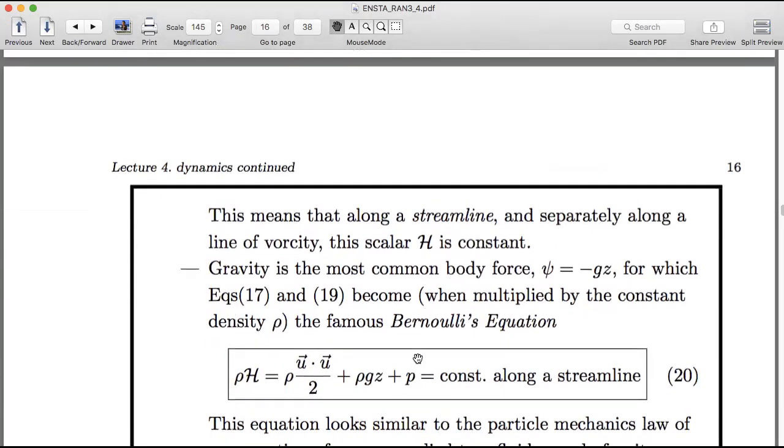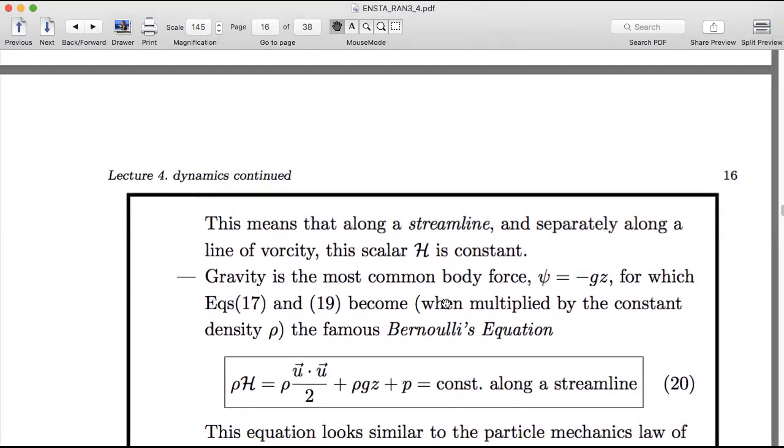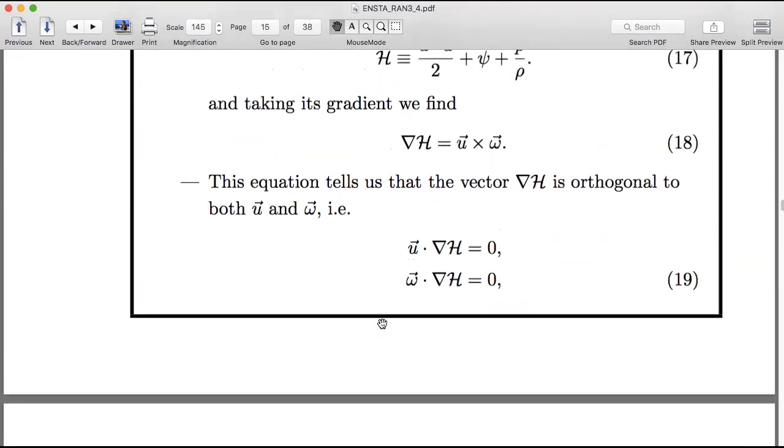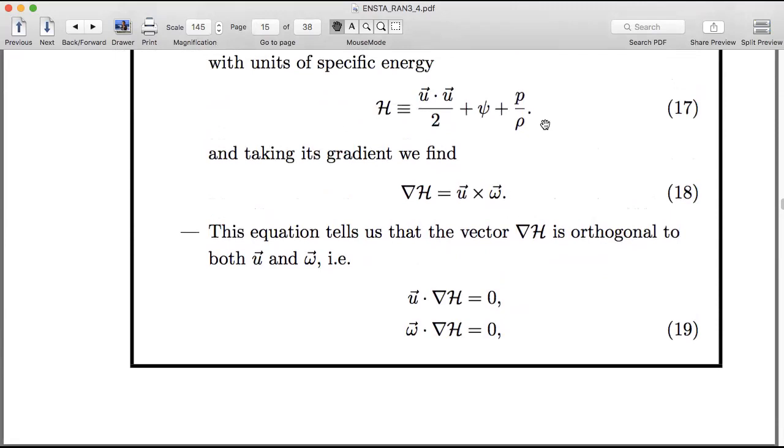This is the most famous version, but this equation 20 follows from assuming the body force is gravity. So then our potential psi becomes just minus gz, z being the height in the vertical direction. g is 9.8 newtons per kilogram. Then we take equations 17 and 19 and just multiply by the density.